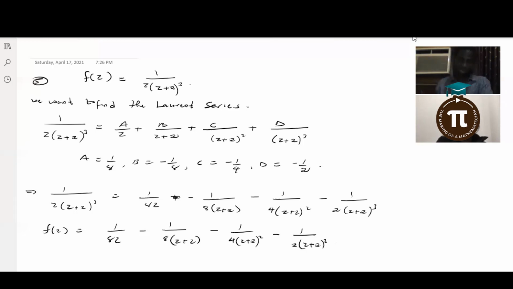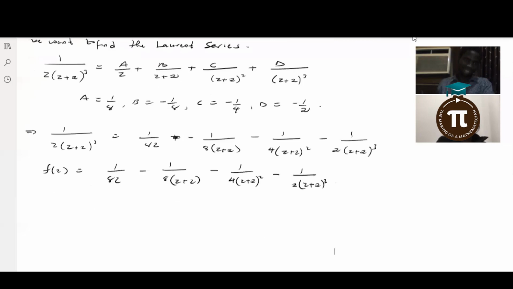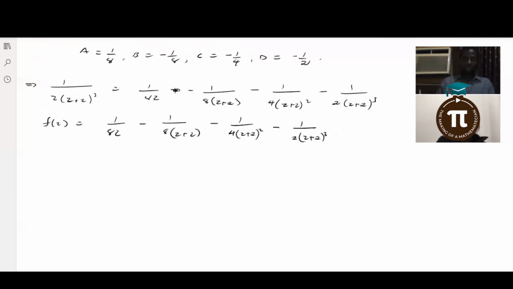So basically, what will happen from here is that we need to write 1 over z plus 2 in terms of a power series, and in fact that is what we want to do. That's what is called a Laurent series. The same thing with 1 over (z plus 2) all squared, as well as 1 over (z plus 2) all raised to the power of 3. Now I start with 1 over z plus 2, for example.